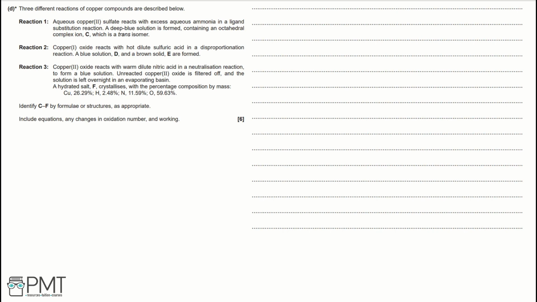If we first highlight the key pieces of information in reaction 1, we're reacting aqueous copper 2 sulfate with an excess of aqueous ammonia in a ligand substitution reaction to form complex ion C. That means that the reactants for this equation would be [Cu(H2O)6]2+ because we're using aqueous copper 2 sulfate, plus 4NH3, which is ammonia, and then we would produce complex ion C, which would be [Cu(H2O)2(NH3)4]2+ because our charge hasn't changed.